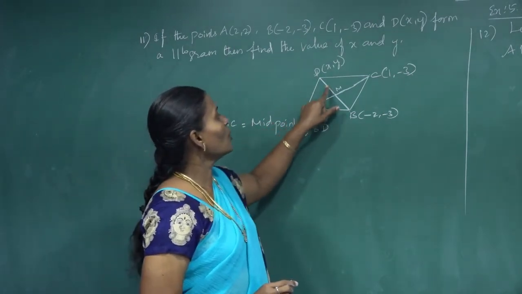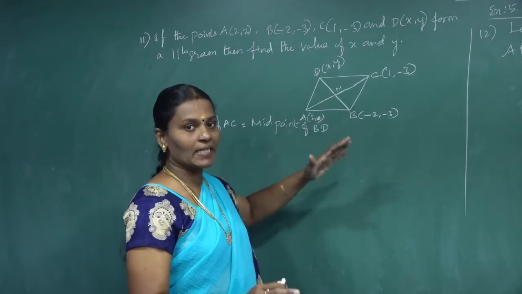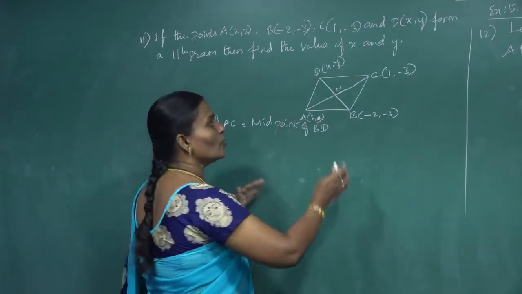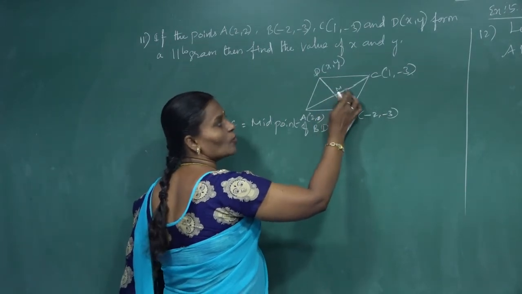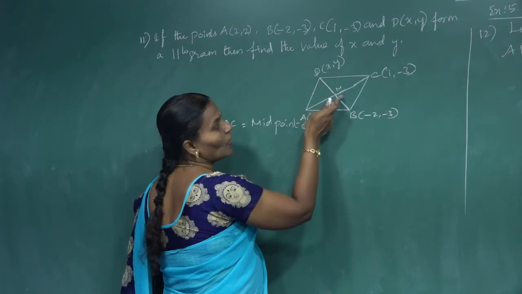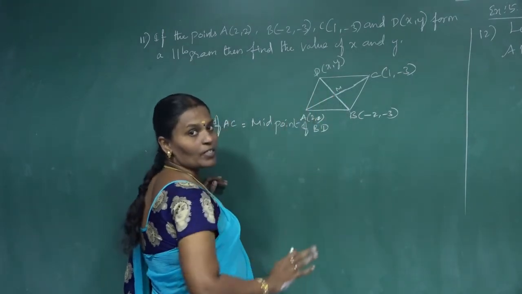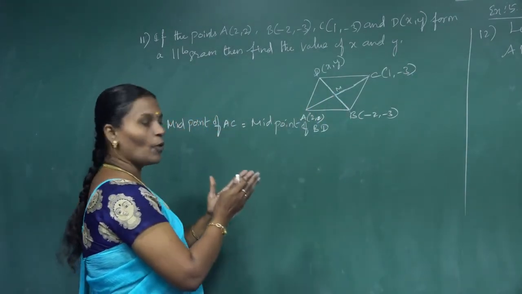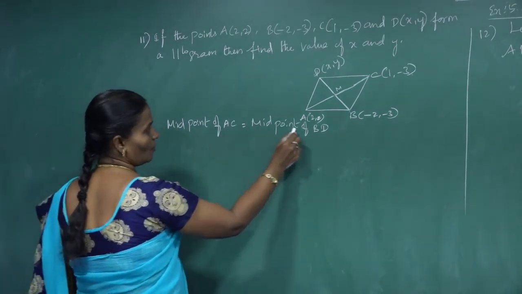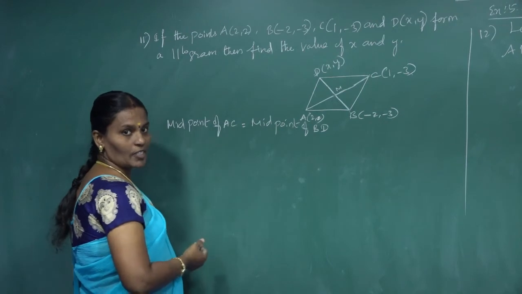Because these two diagonals bisect each other. Bisect means divided into two equal halves, and two equal halves means definitely that is the midpoint. So midpoint of AC is equal to midpoint of BD. We take this condition.